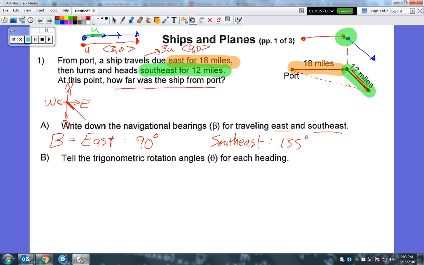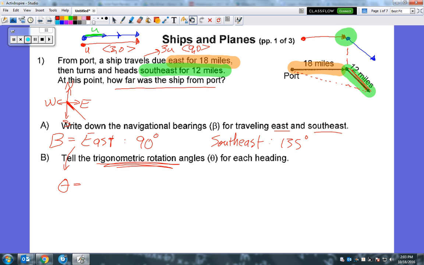Now, we cannot solve vectors in bearings. It has to be in rectangular form because it's correlated to the Cartesian plane, to the XY graph and the unit circle as far as quadrant 1, 2, 3, and 4. Okay? So tell the trigonometric rotation angles, theta, for each of the headings. So for this first one, we're going to do it in the form of theta.